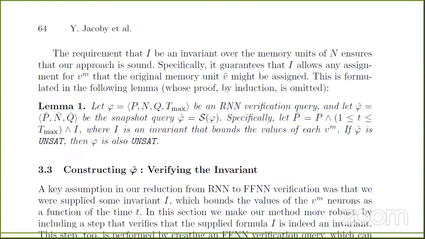If you transform it like this, then it is always an over approximation, which is to say that if the property holds in the feed forward network, then the property certainly holds in the recurrent neural network. If the property does not hold, then you cannot say anything about whether it holds in the RNN or not.